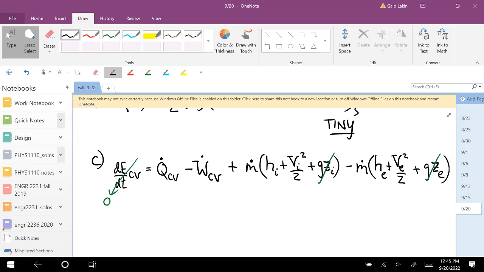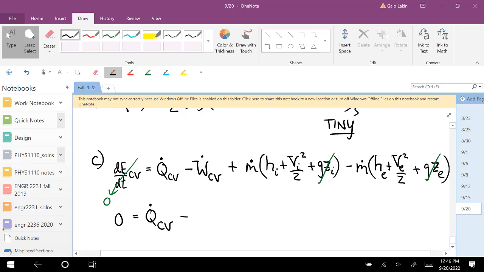And so now we can just fill out all the rest of the stuff. So 0 is equal to Q dot for the control volume minus work dot for the CV.